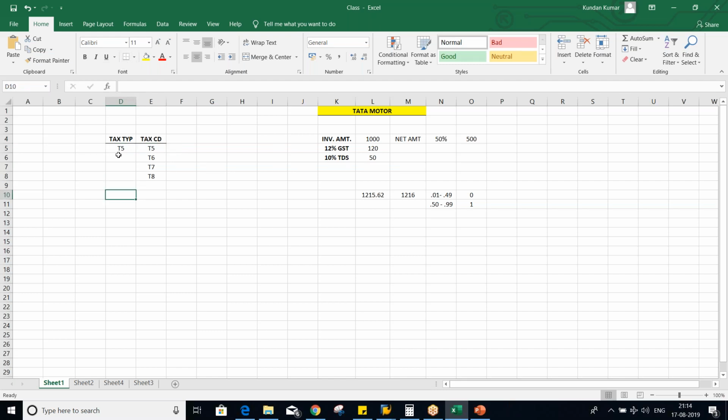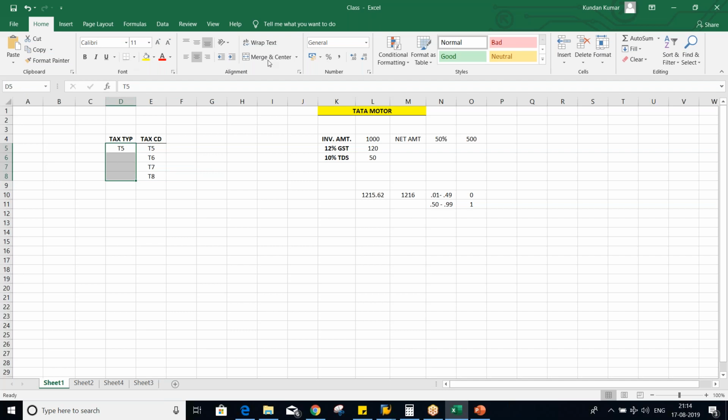If you talk about this tax type, it stands higher in terms of hierarchy level, right? Because under one tax type, multiple tax codes can be created, but vice versa is not possible.